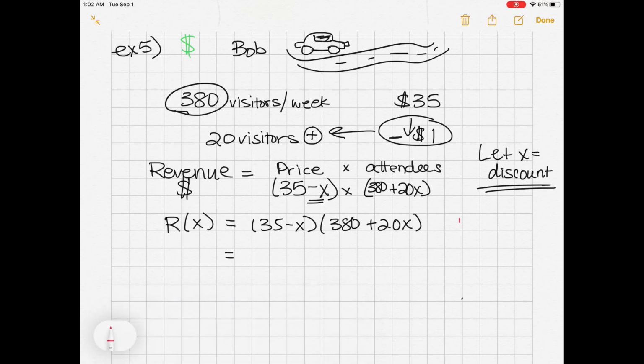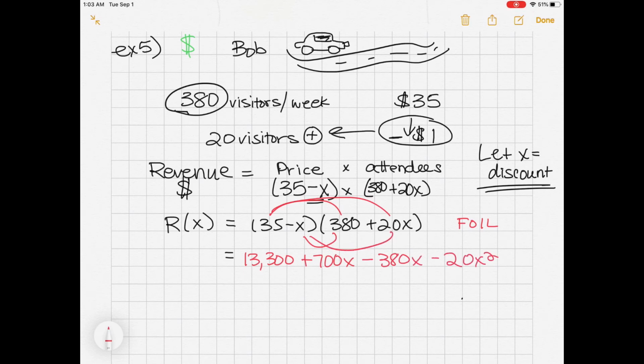We're going to use our faithful friend FOIL to multiply binomials. First: 35 times 380 gives me 13,300. Outer gives me a positive 700x. Inner gives me a minus 380x. And the last term is a negative 20x squared.